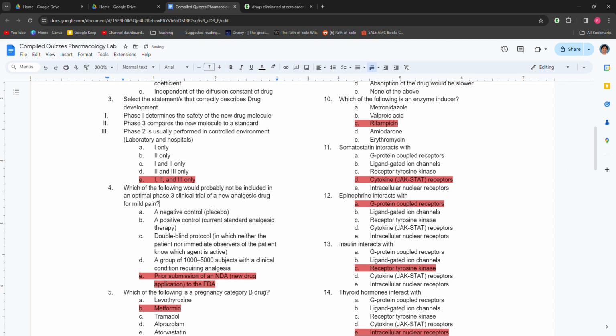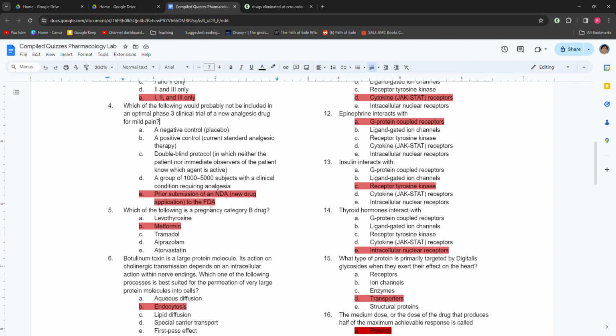When you perform a clinical trial, all environments should be controlled as much as possible. Number 4, which of the following would probably not be included in a phase 3 trial of a new analgesic drug? So the best answer here would be choice E, because you cannot really proceed to phase 3 clinical trial without an FDA.